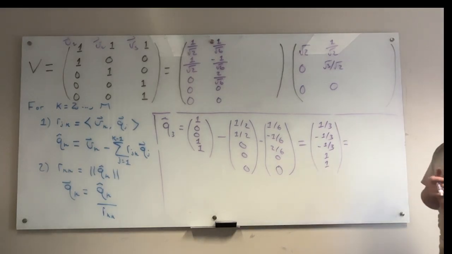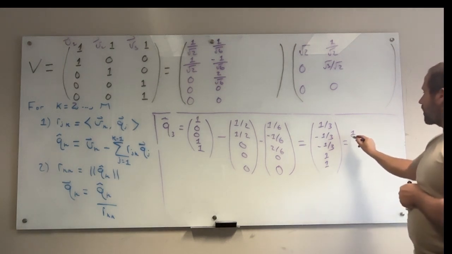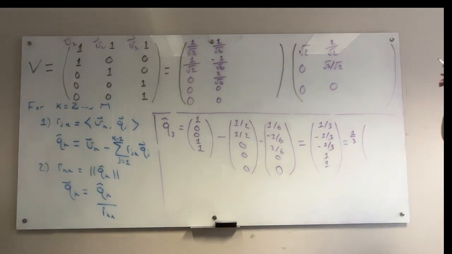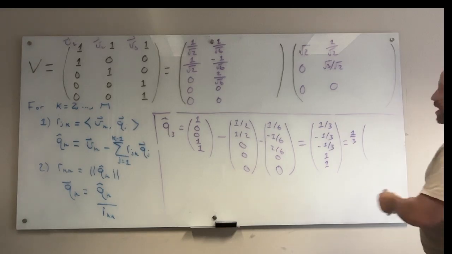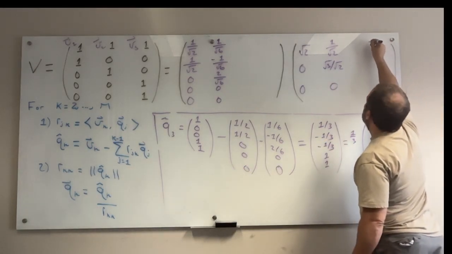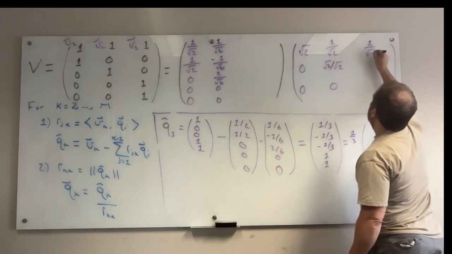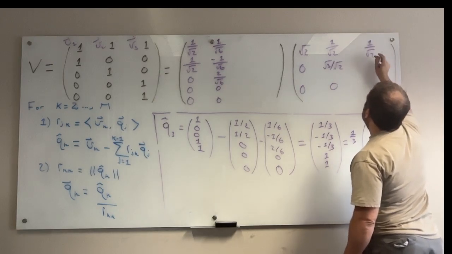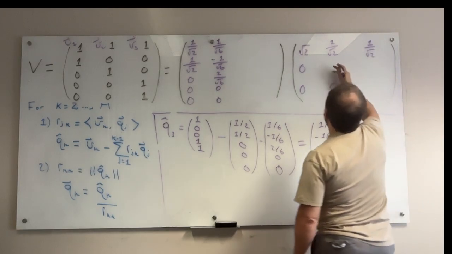And as it was when we computed Q2, it'll be a little more convenient to factor out a 1/3 when we're computing the norm. Oh shoot, I just forgot. I erased it over here. R13 is 1 over the square root of 2. Let me make this how I had the other one.